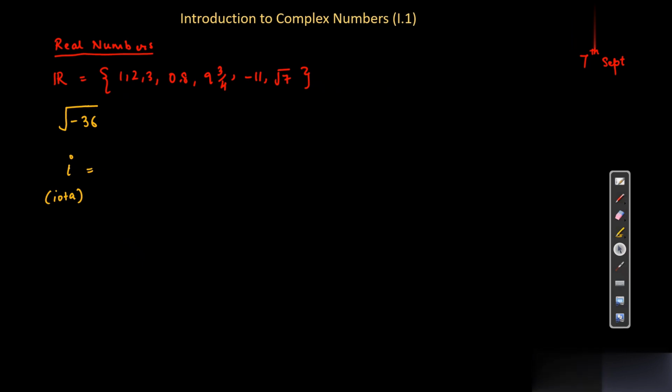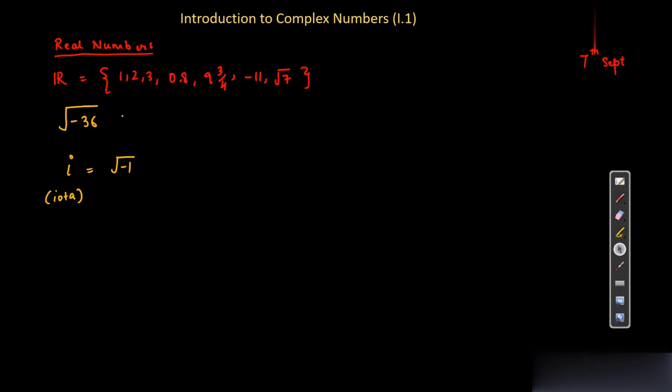We use this letter to denote the square root of -1, and it does not exist in real life. There is no number that is actually the square root of -1. That is why it is called imaginary. Imaginary means something which does not exist. Okay, so now this helps us to evaluate the square roots of negative numbers.